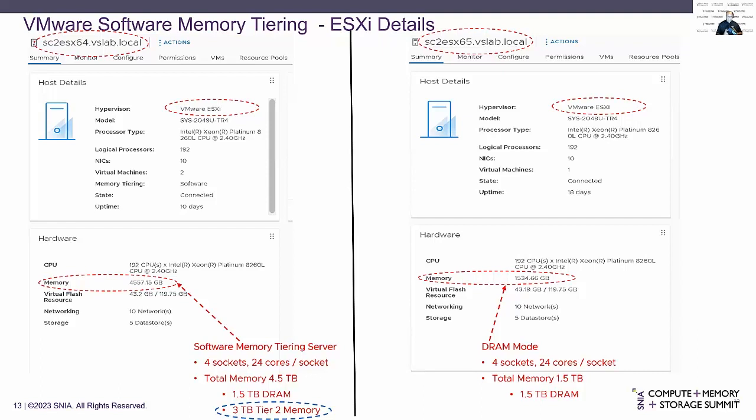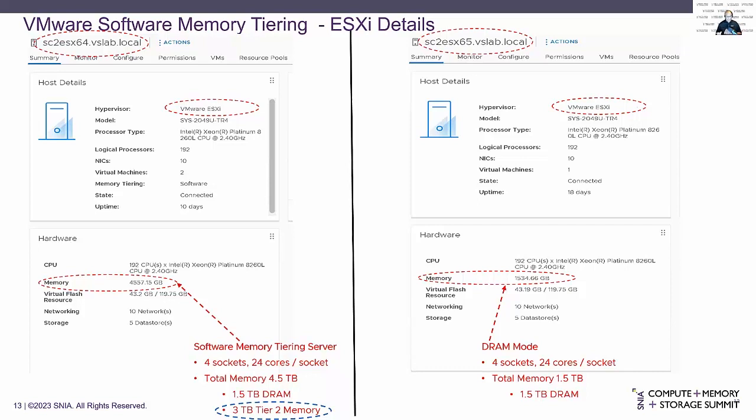The only difference is that the server on the left-hand side had 1.5 terabyte of DRAM and 3 terabyte of tier 2 memory, which means a total of 4.5 terabyte. The server on the right-hand side had 1.5 terabyte of DRAM alone. So the software memory tiering server had that extra 3 terabyte of tier 2 memory.